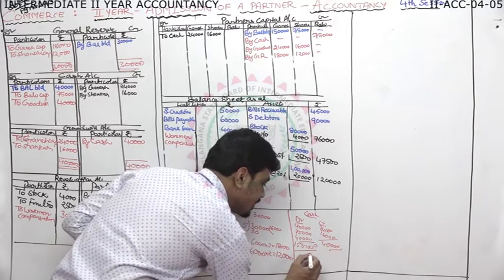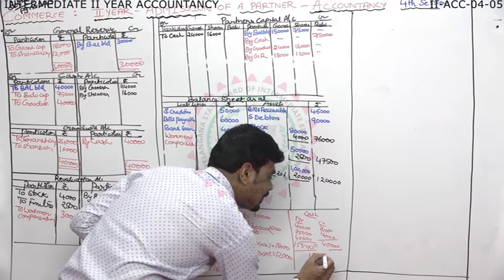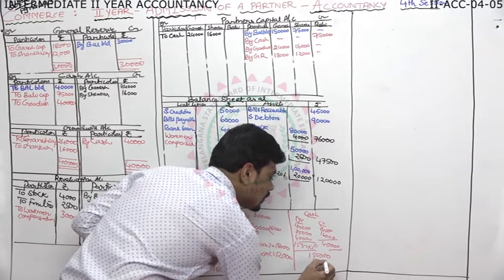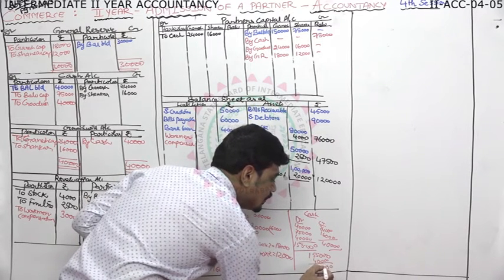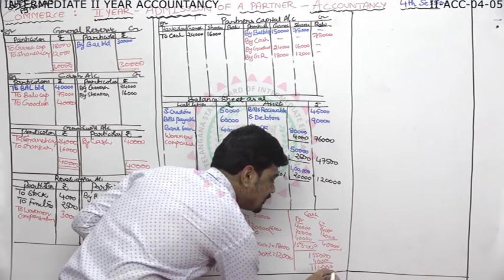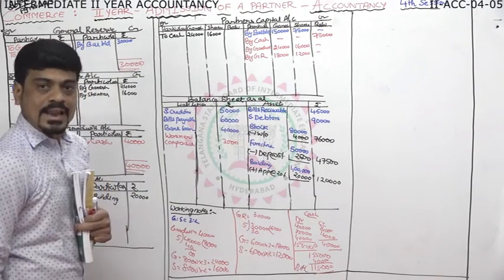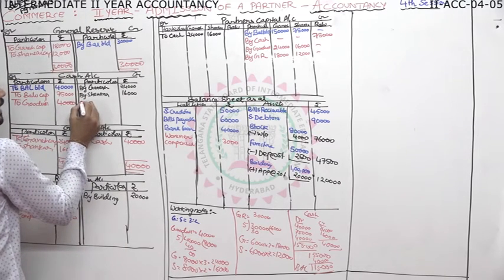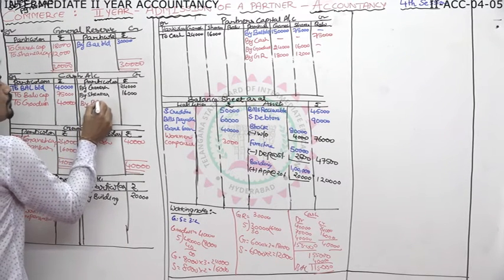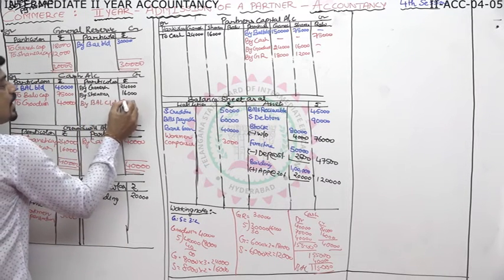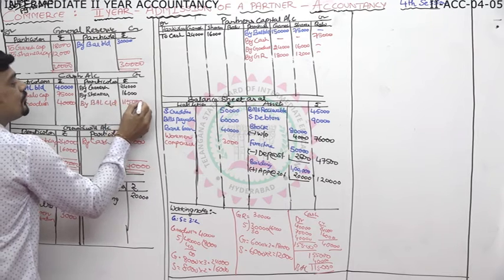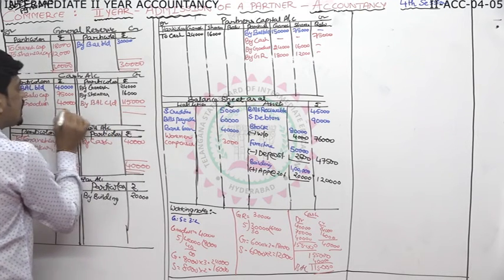Now I'll see the balance. 1,55,000 minus 40,000, 1,15,000 is the balance. So I have a cash balance of 1,15,000. So in cash account, by balance carried down 1,15,000.